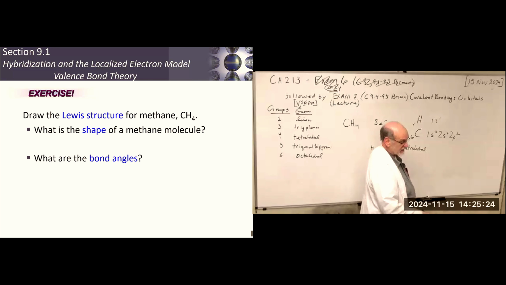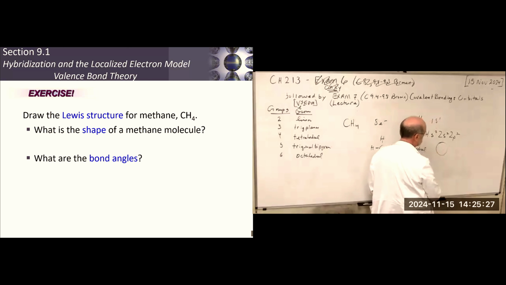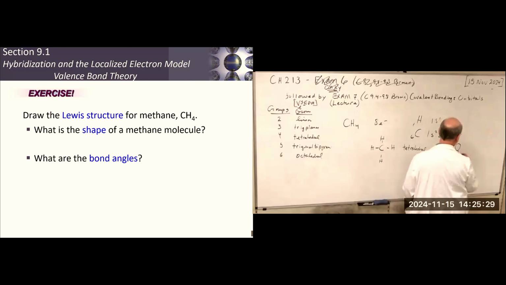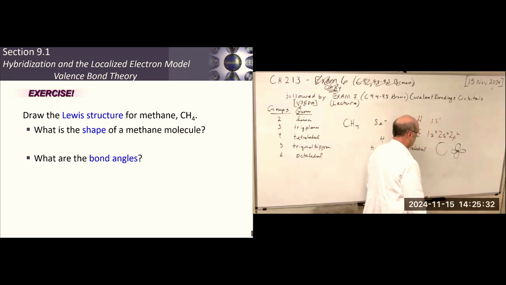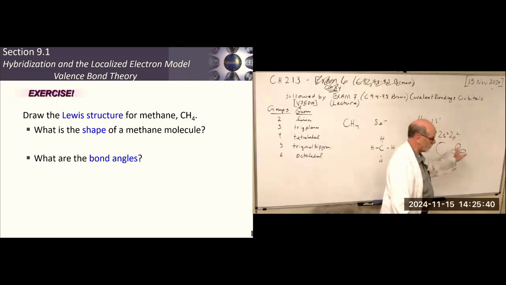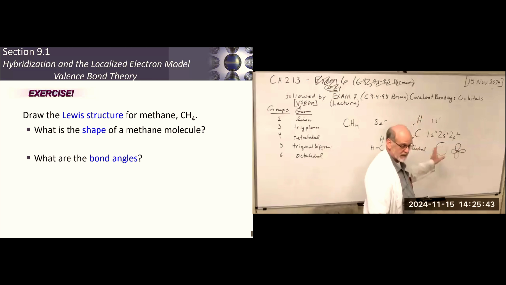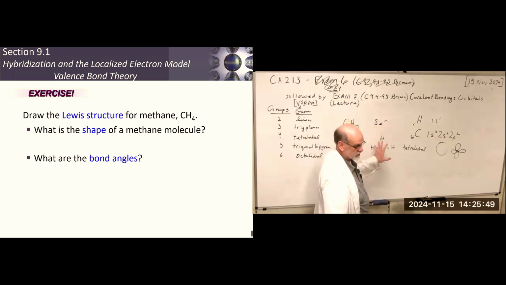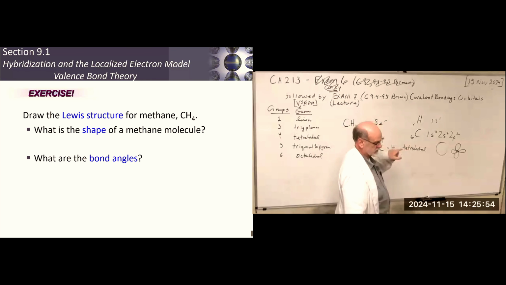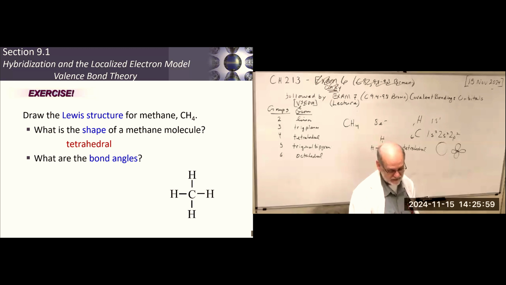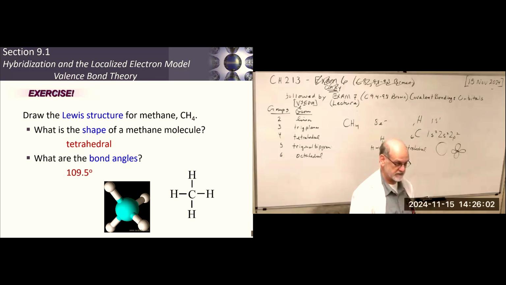There's the problem. It has 2 electrons in spherical orbitals and 2 electrons in the p orbitals. Right? So if we overlap these s's with those s's, you get a different geometry than you would with overlapping the p orbitals. Right? They're not all equivalent. That's what we need. In order to have a tetrahedral structure, we need equivalent orbitals to bond with each one of the hydrogens. Okay? The shape of the molecule is tetrahedral, and the bond angles are 109.5 degrees.